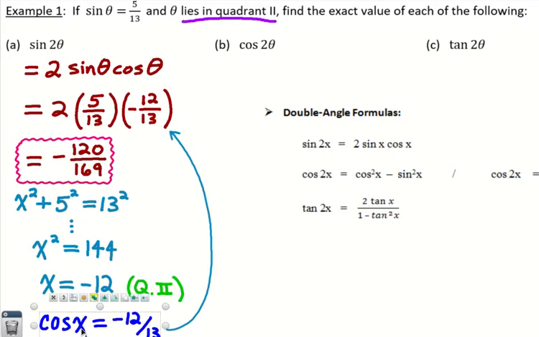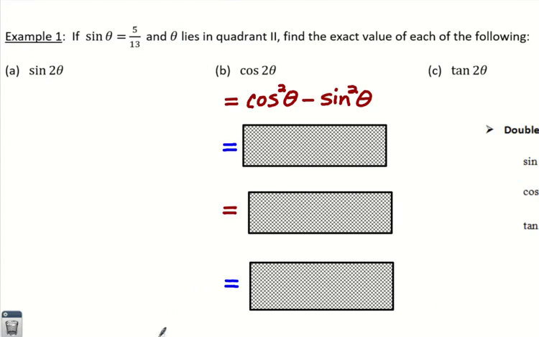Well, actually, it might be more correct to say that's theta. Possible bonus point I would give you in class if you notice that before I do. But yeah, the cosine of theta is negative 12/13.